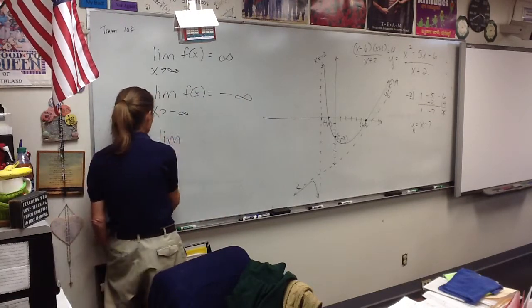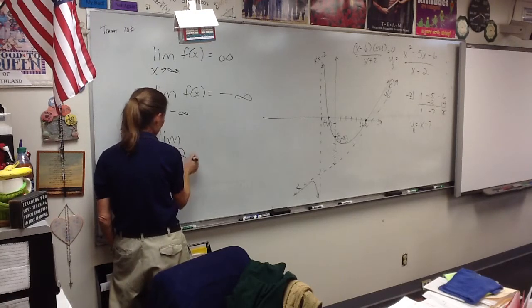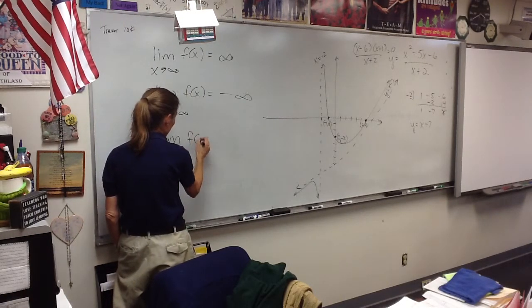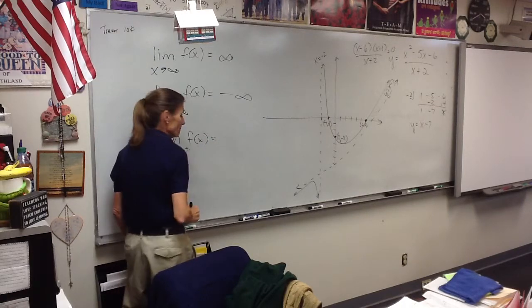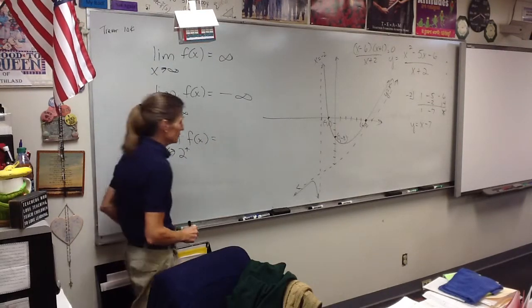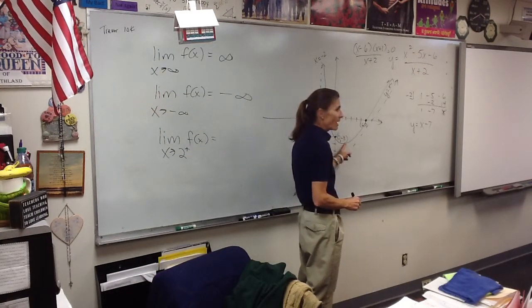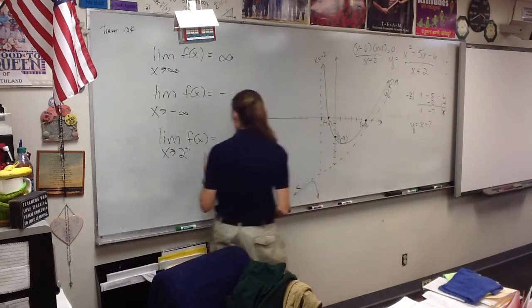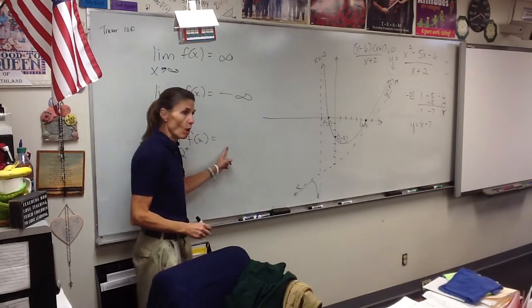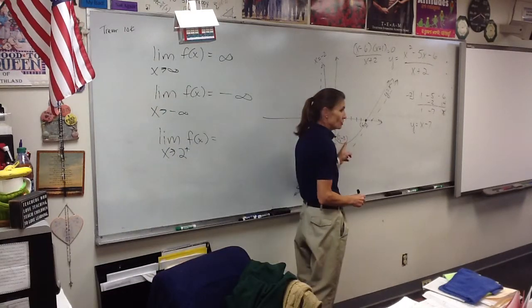What's the next one? X approaches 2 from the positive side? Wait a minute. 2 isn't an asymptote. 2's some dot, isn't it? When I ask you for a limit value, I'm asking you for a y value. What's the y value when x is 2?